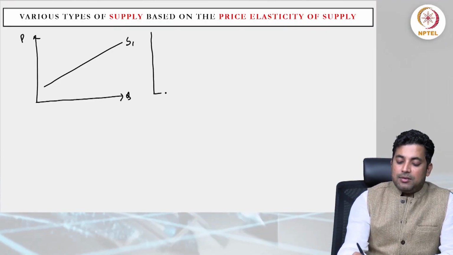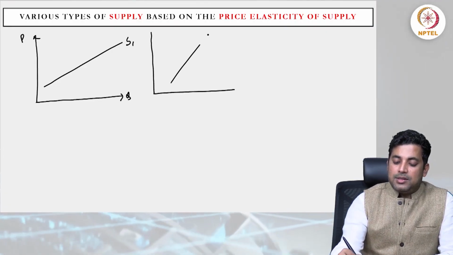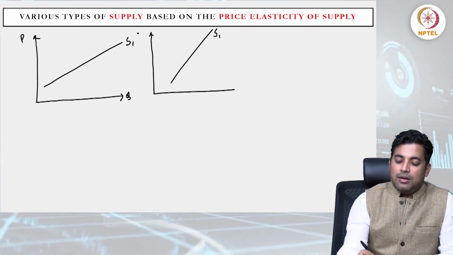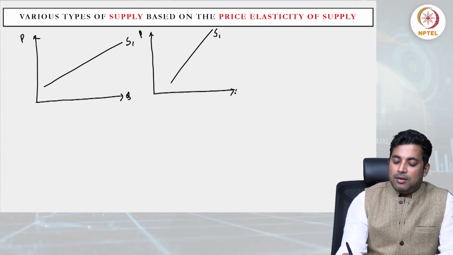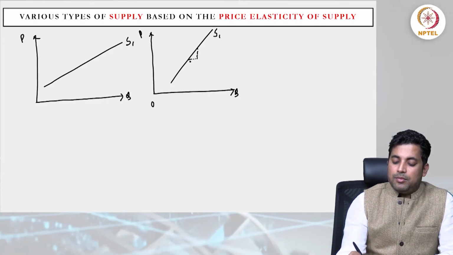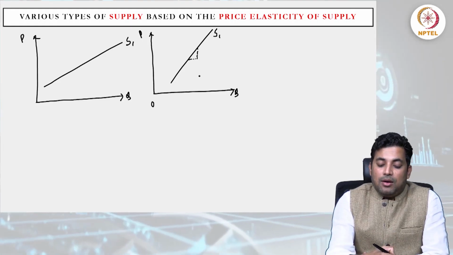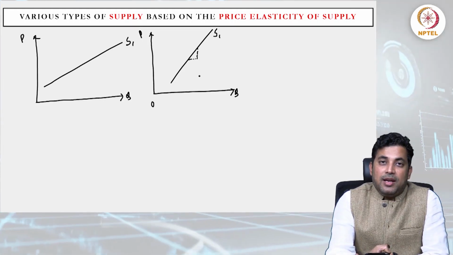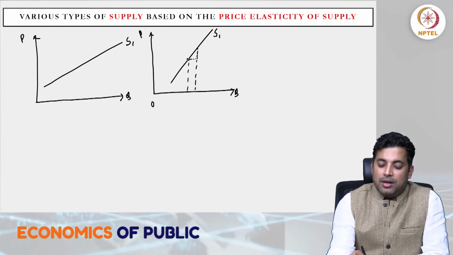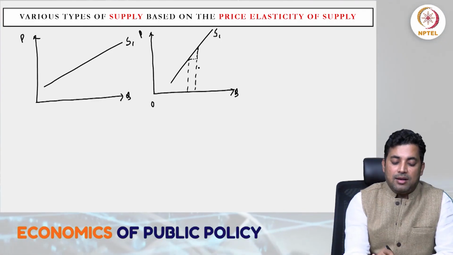If it is steep, like say S1, and then P and Q here, then changes in the price have a very negligible impact on the quantity supplied, so then it is inelastic.